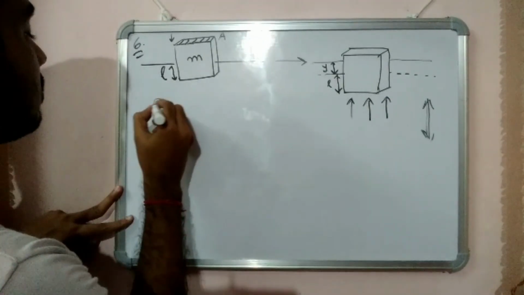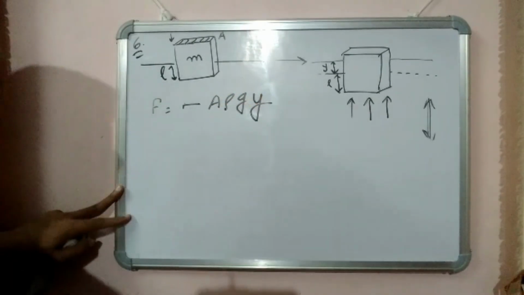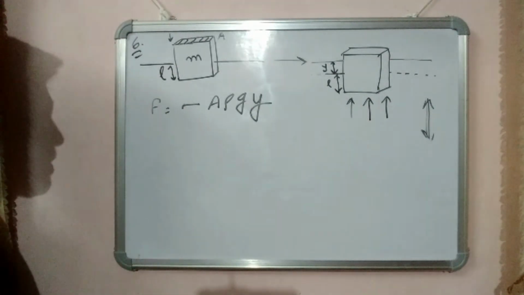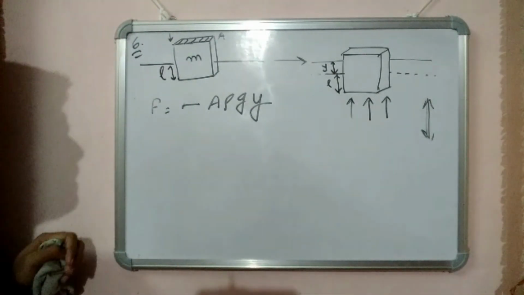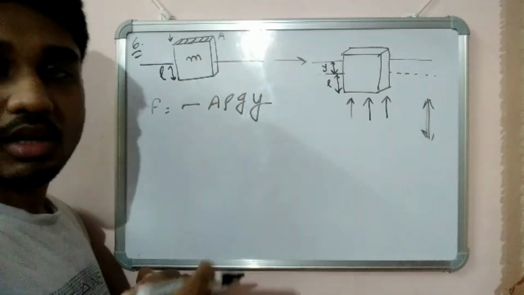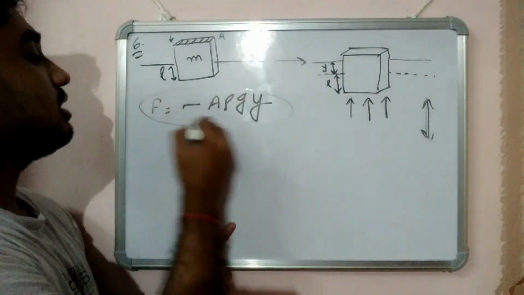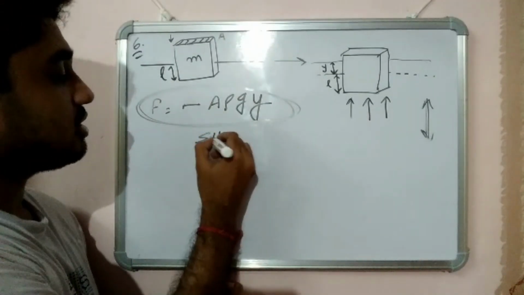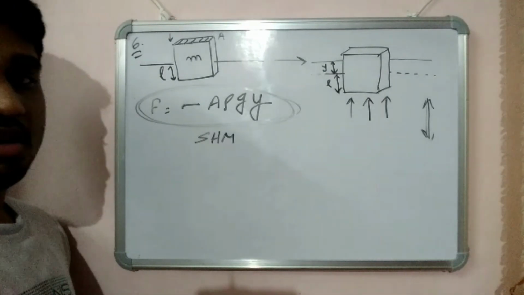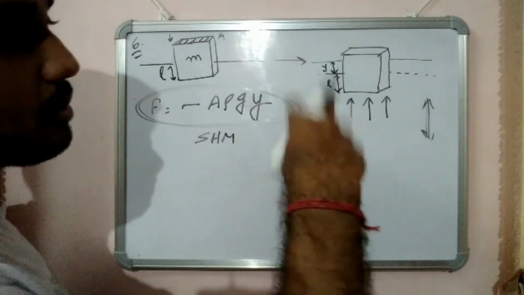This will be directed downward from equilibrium, and it will try to restore the block to the equilibrium position. So this is the restoring force, and this is an SHM equation.